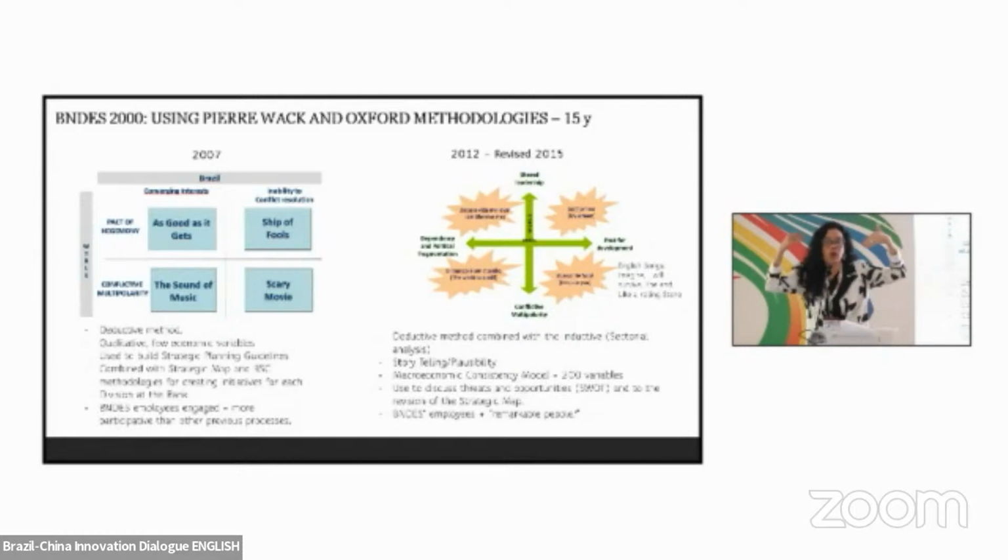So they said it has to have participation like in the 80s. In the 80s the bank was very small at that time, so the participation was easier. So we will have these discussions, and they said it has to be fun. That's something that Oxford recommends. Scenarios are a weapon of communication, so they have to be fun.